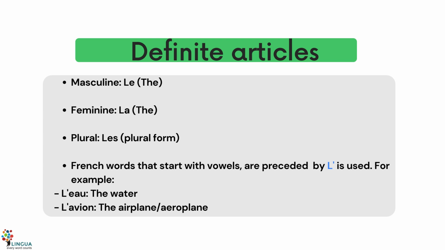Before that vowel, we usually have L and an apostrophe. So to say the water in French, that would be l'eau. An airplane, that would be l'avion. Likewise, which isn't written here, for example, the hospital would be l'hôpital.